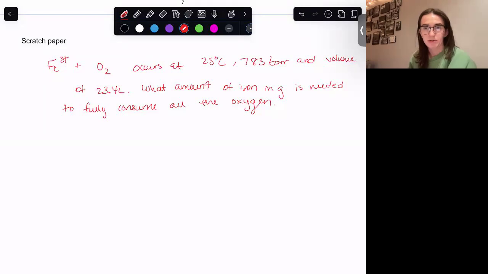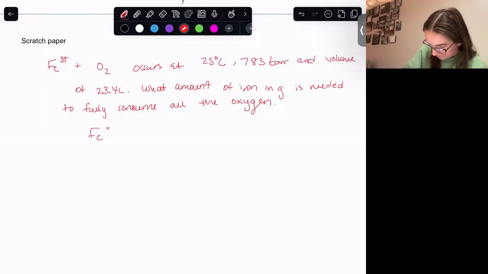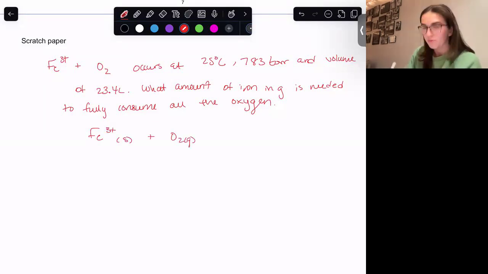Okay, so a couple things we need to know about this reaction is that we have iron, which is going to be a solid because it's a metal, and we have O2 gas because oxygen is a gas in its elemental state.